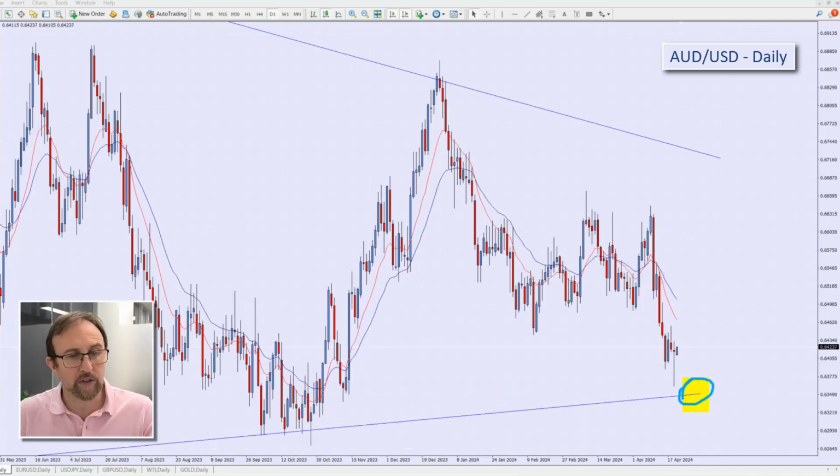So what I want to happen is I want this to come down, give me a really nice reversal pattern, something perhaps like that, and then that's my signal to become a buyer in this particular market. So it is coming towards us. We're not quite there yet, but the trade is starting to take shape and come into play. All right, there you have it, our Aussie US dollar.